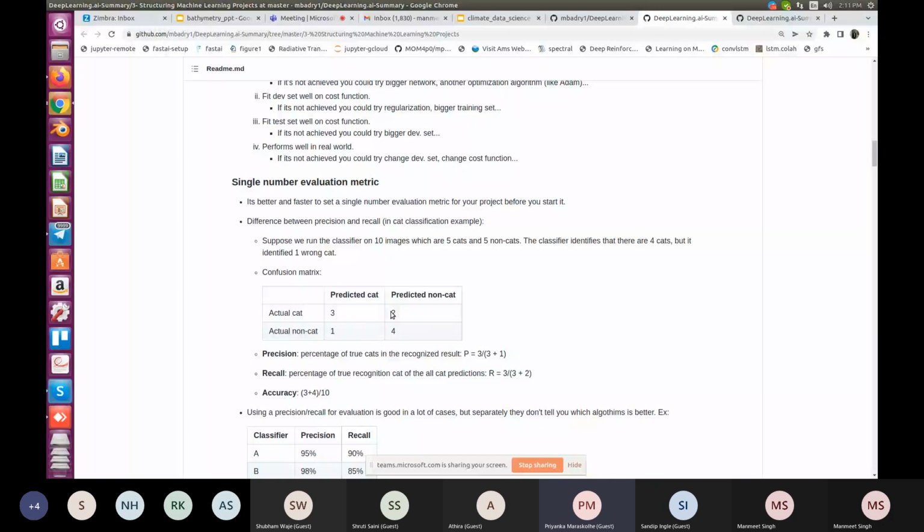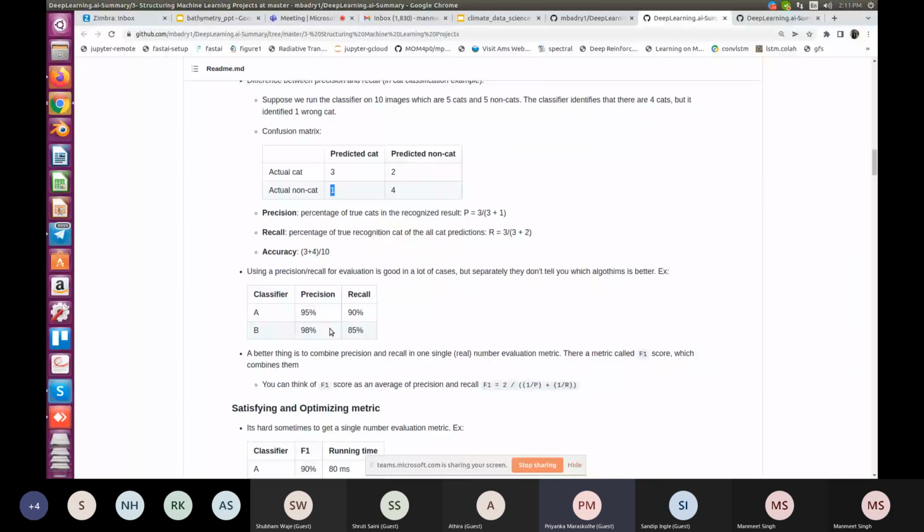Similarly, four was predicted as non-cat and it actually was also a non-cat. So this number and this number we want to maximize, and these two numbers we want to minimize to enhance our performance. The precision is the percentage of true cats in the recognized result.